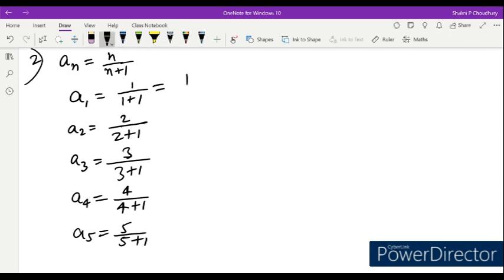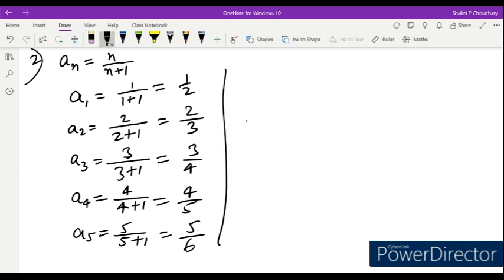Okay, so it will be 1 upon 2, 2 upon 3, 3 upon 4, 4 upon 5 and 5 upon 6. So the sequence is 1 upon 2, 2 upon 3, 3 upon 4, 4 upon 5, 5 upon 6 as follows.